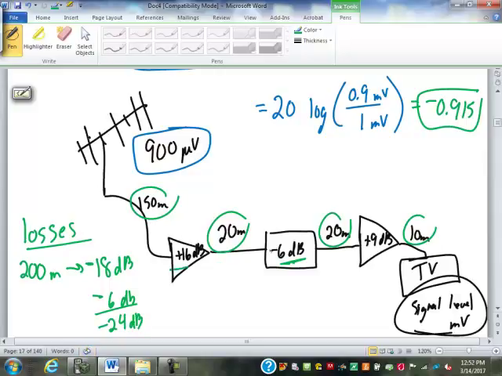Well, we've got the 16 and the 9, that's a plus 25, because those are gains. So we've got a loss of 24 and a gain of 25. We've got an overall gain here, this is dBmV, of plus 1 dB. See where that plus 1 came from?